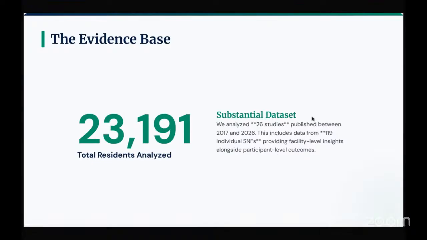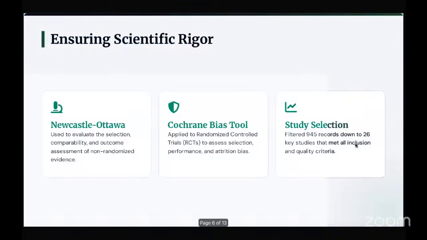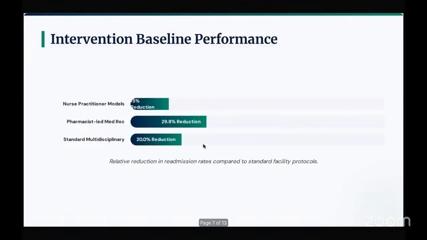As I said here, we analyzed 26 studies published between 2017 and 2026. This included data from 119 individual SNFs, providing facility-level insights alongside participant-level outcomes. We ensured a rigorous routine, we assessed our selection, and eventually we found our results.